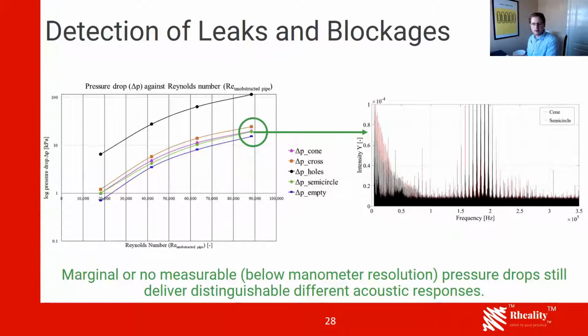At some points, we actually got cases where the manometer wouldn't even say there's any difference in pressure drop across different geometric obstructions, but we actually get different acoustic responses. This would be the very raw signal in its frequency domain, but when we then simplify to those fingerprints, we see a much, much stronger difference. So we can actually distinguish where traditional methods would fail to do so.